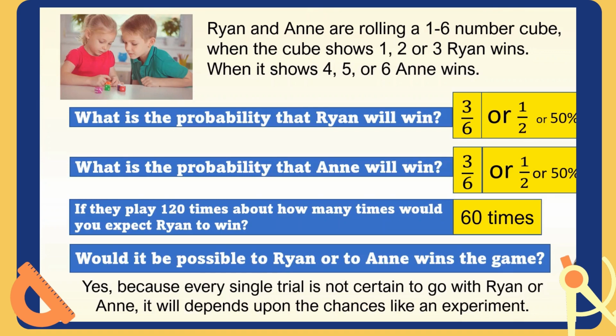Pwedeng manalo si Ryan, pwede rin manalo si Ann. Kasi nga, hindi lahat ng trial natin ay mapupunta kay Ryan o mapupunta kay Ann. So, ibig sabihin, depende na lamang yan kung ano yung lalabas pag ginawan natin ito ng experimental probability or actual experiment na tinatawag. So, posibleng mananalo si Ryan at posible ding manalo si Ann. Yun ang tinatawag nating probability.